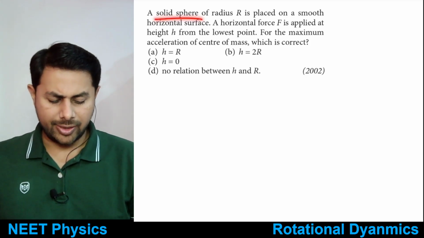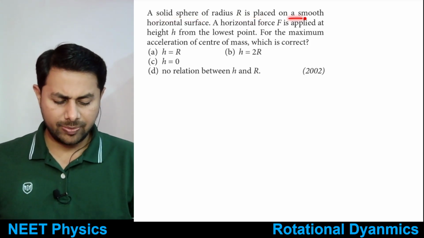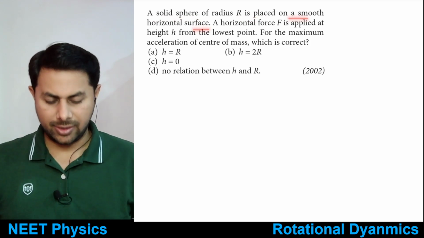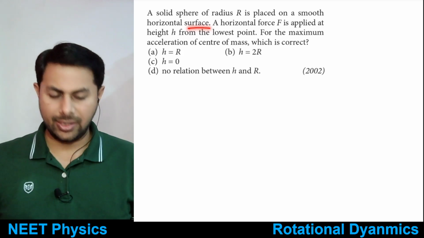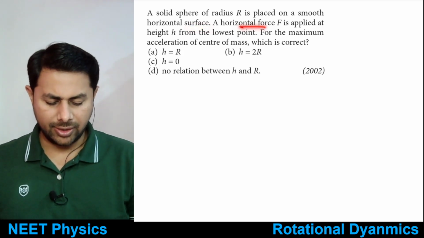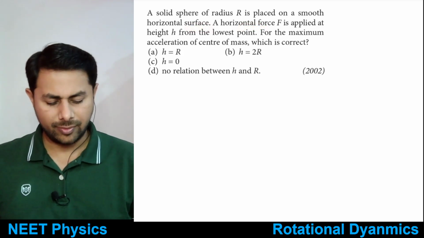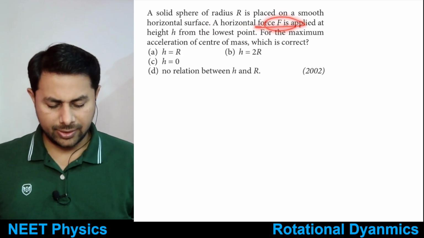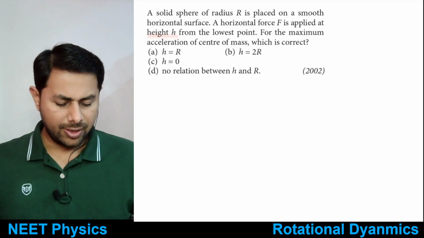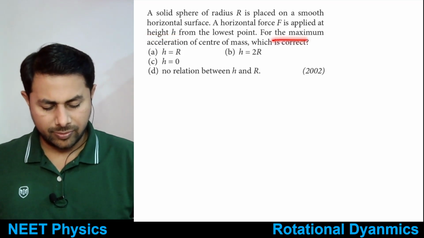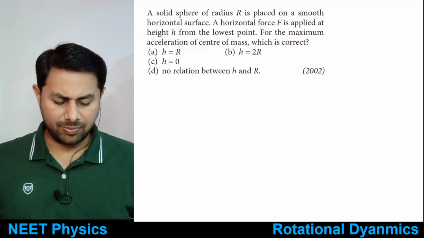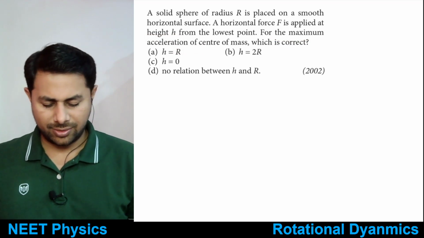A solid sphere of radius r is placed on a smooth horizontal surface. A horizontal force F is applied at height h from the lowest point for maximum acceleration of center of mass. Which is correct? Okay, tell me.